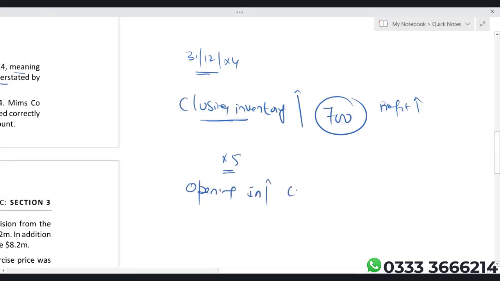Increase in opening inventory means your cost of sale is also overstated, because opening inventory is directly proportional to cost of sale. So basically, this error has increased the closing inventory of X4 and the retained earning of X4, and it has also increased the opening retained earning of X5, and it has increased the cost of sale of X5.